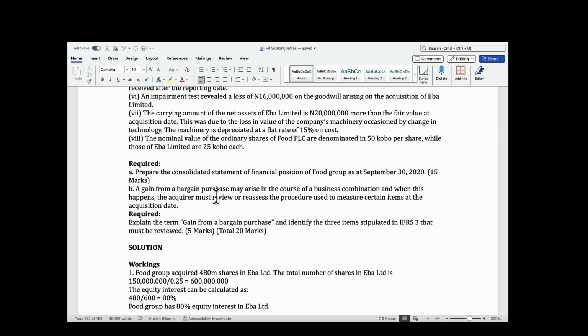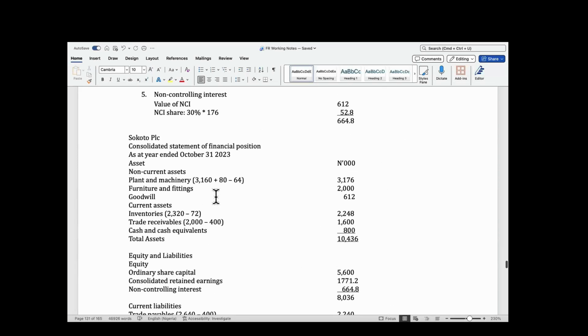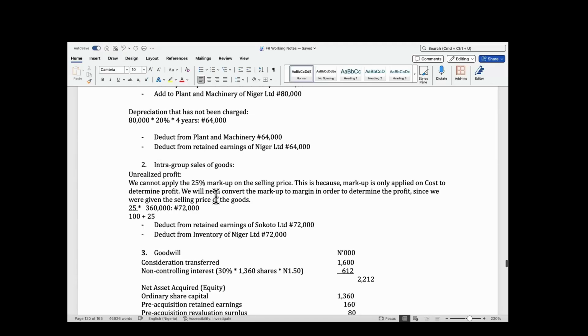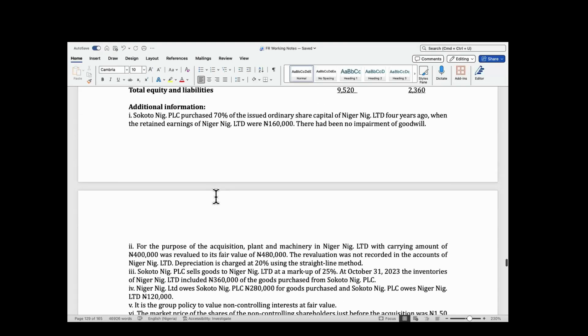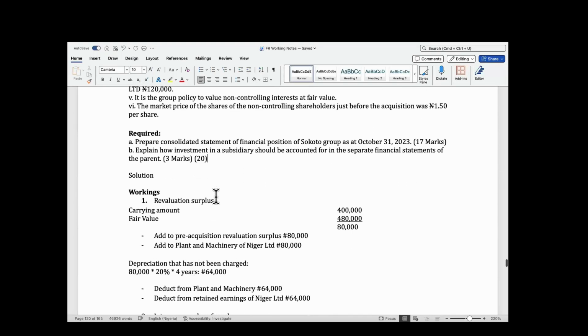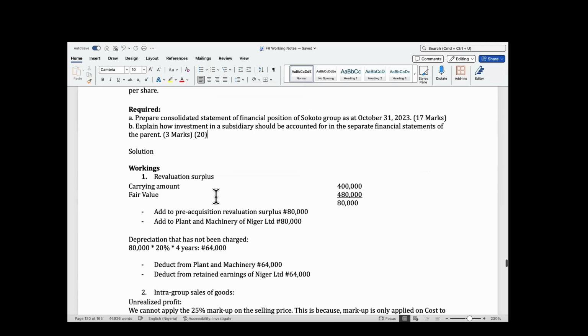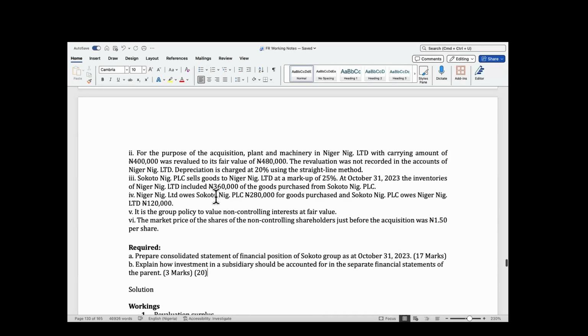Ahmed, go ahead, please. Thank you very much, sir. In additional information 3 and 4 under Sokoto and Niger, Sokoto is owing Niger and Niger is owing Sokoto.